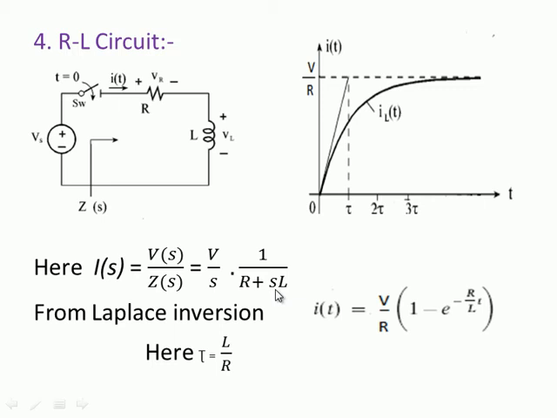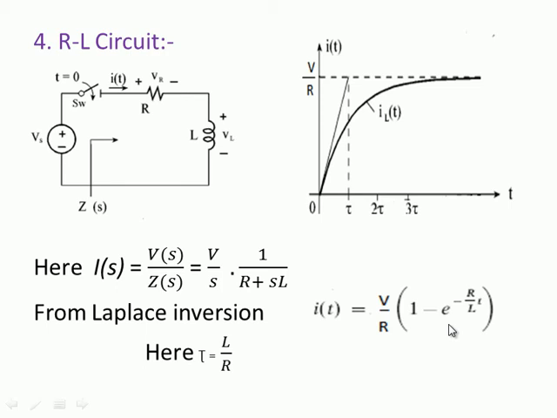You may go through this as well. You just have to separate this, which means you divide by L, then it will get separated. Then you take the inversion, and it will come as V by R times (1 minus e raised to the power minus R by L t), which indicates a rise.